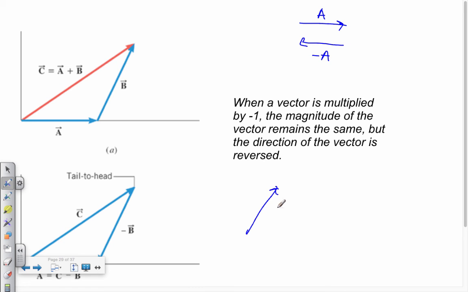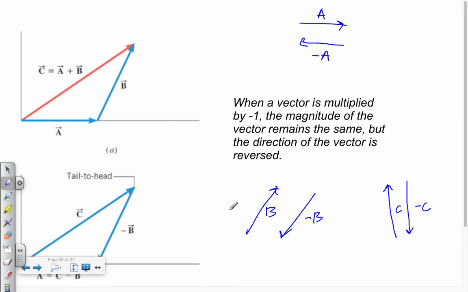If this were vector B, then that would be vector -B. And if this were C, that would be -C. Okay? So to subtract, we multiply by -1 and we add.